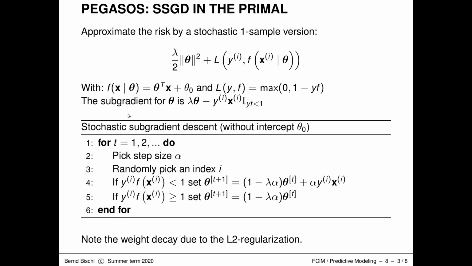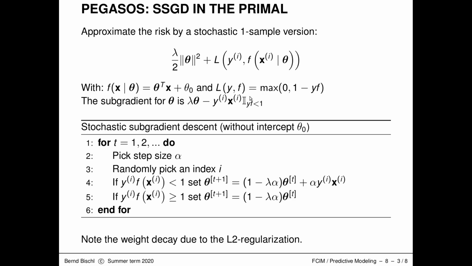So here's the usual loop. We pick a certain step size alpha, we pick a random index i, and now we simply apply this formula by computing our new theta vector, by adapting the old one. We simply take our old theta vector, theta t, and because we do a descent, we subtract this guy here times alpha.